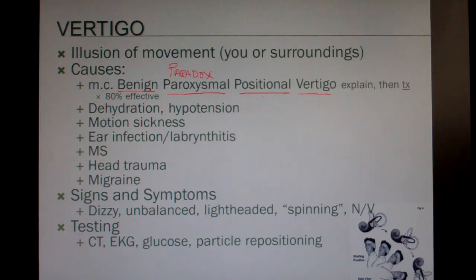Or Underdog had this. I don't know if any of you guys remember, probably not, the Underdog cartoons from way back a long time ago, but it was a cartoon, not a movie, right? And Underdog, he used to say, "I feel fine when I lay down, but when I stand up, things spin around," right? And that was his thing. It was only one episode, but he was really sick, and he had like benign paroxysmal positional vertigo, and he couldn't fly, and he couldn't do his Underdog stuff and catch bad villains.